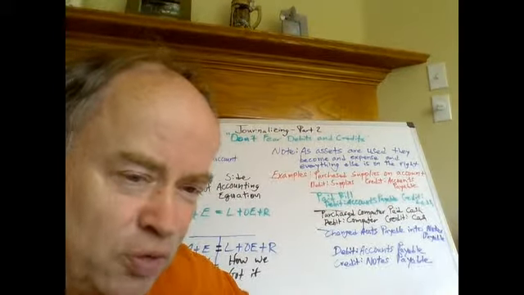Let's look at those same examples that we looked at in Part 1. The first example was we purchased supplies on account. Again, I go through the same process as I did in Part 1. What accounts are involved? Supplies and accounts payable. So I ask myself, what did I get? I got more supplies. That means I got more of an asset, which is on the left side of the equation.